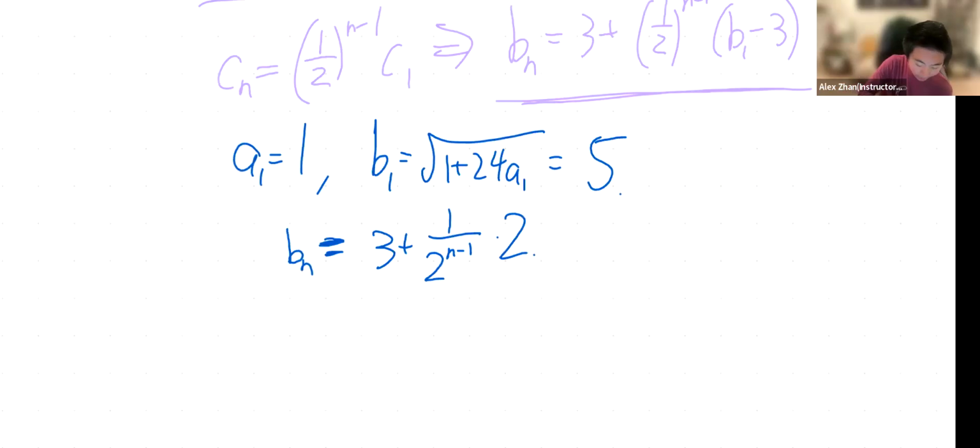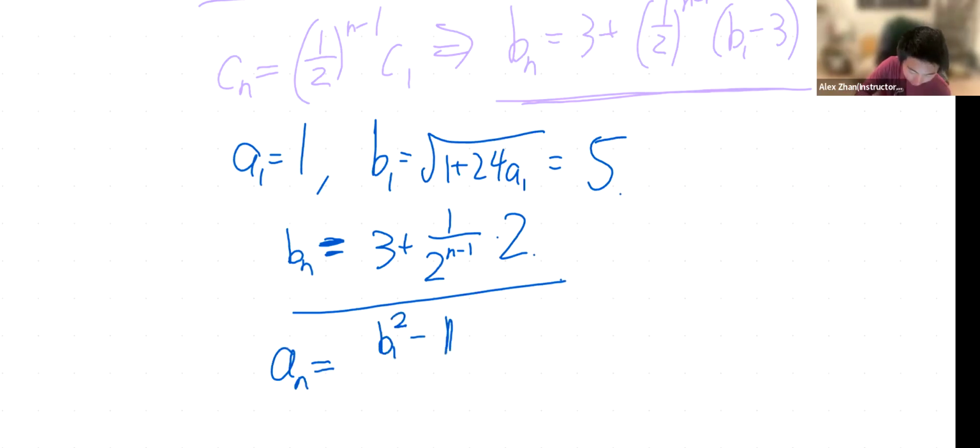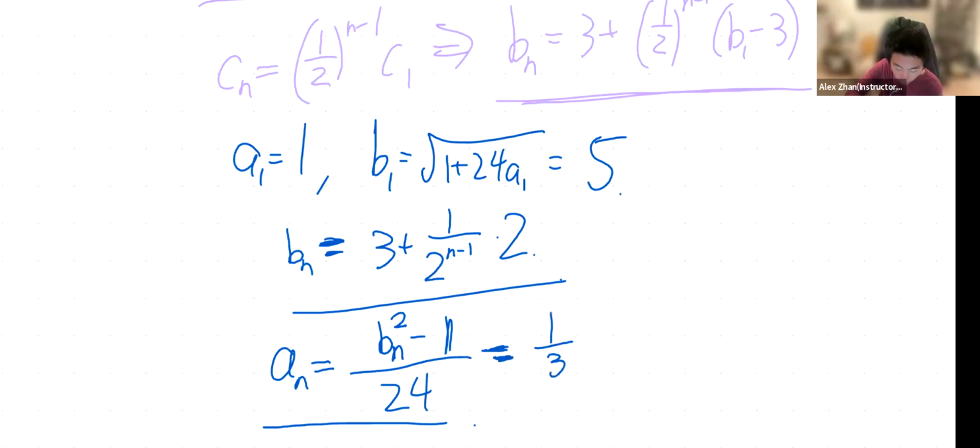Okay, then in order to get a_n, it is going to be equal to (b_n squared minus 1) over 24, and this we can get by directly solving. And I believe what our final answer will look like is 1/3 plus 1 over 2 to the n plus 1 over 3 times 2 to the 2n minus 1.